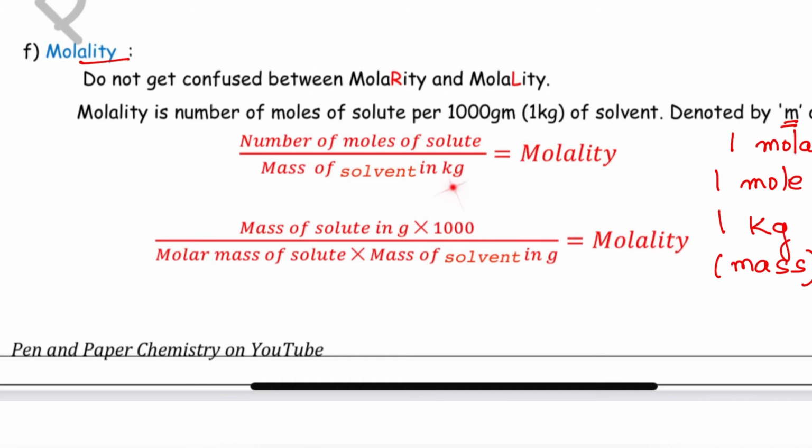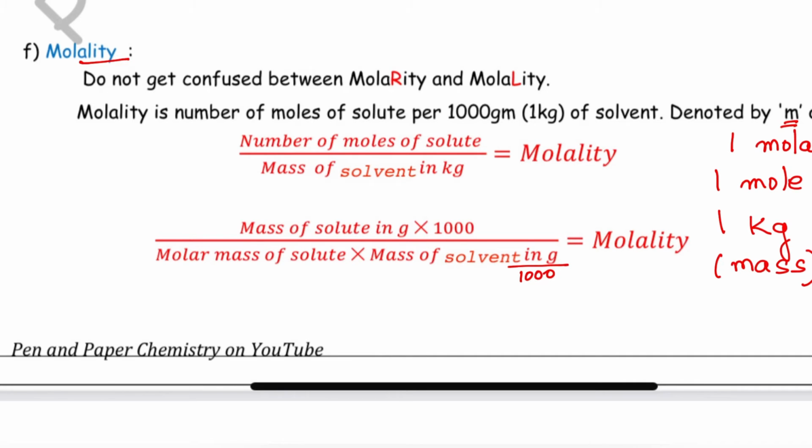That means usually you are given the mass of solvent in grams when you work in the laboratory. We usually don't work in kgs, right? We work in grams. We talk about smaller amounts of the solvent and the solutions. So to make this formula easy to substitute, if we have been given the mass of solvent in grams, we will convert it to kg. And how do we convert it to kg? By dividing by 1000.